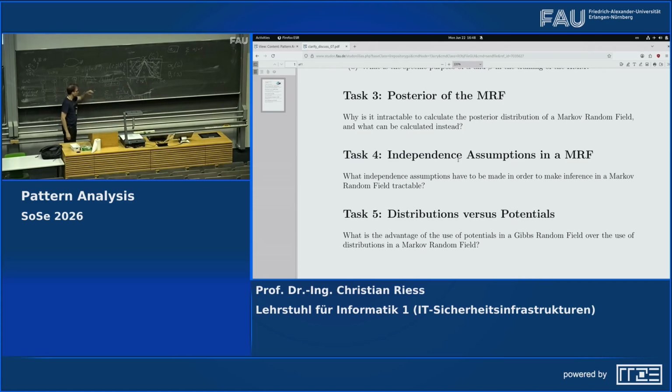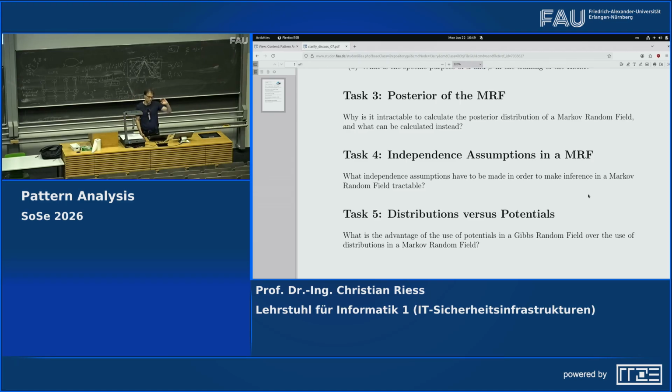Yeah? So what independence assumption do we need for the Markov random field? It's the same as for the hidden Markov models, essentially. No?